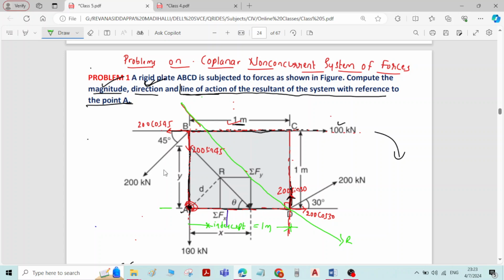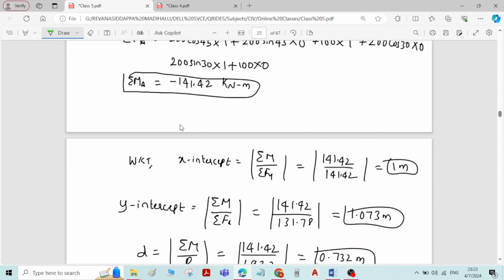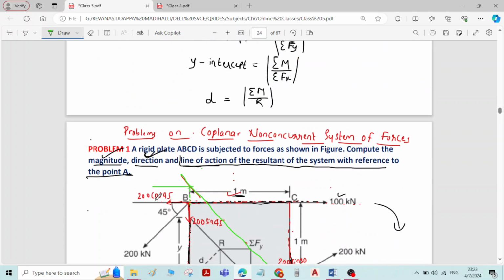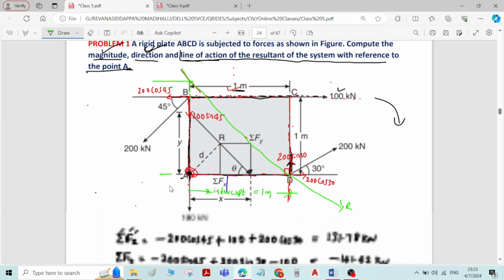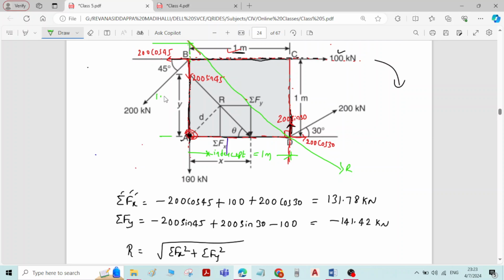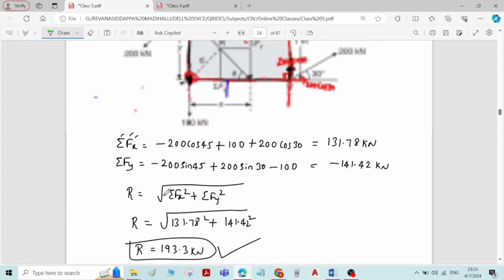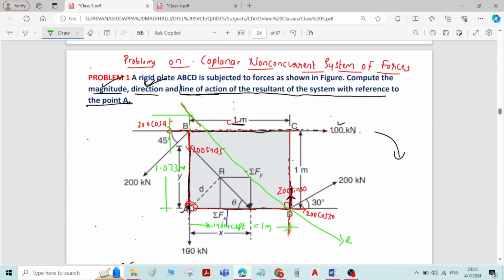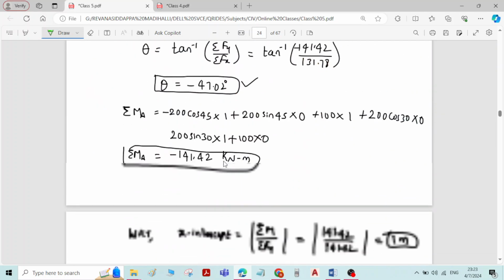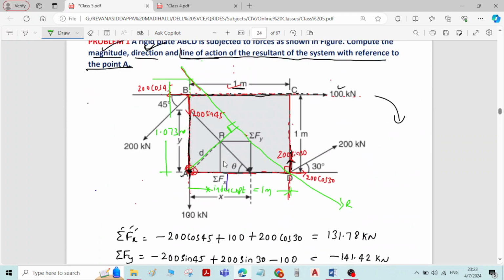Y-intercept, how much? 1.073 meter. And D, the perpendicular distance of point A from the line of action of the resultant force, is 0.732 meter.